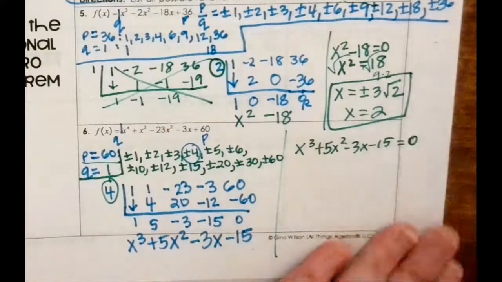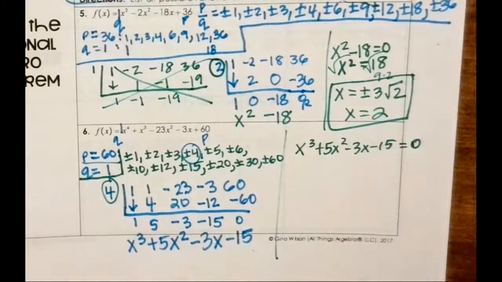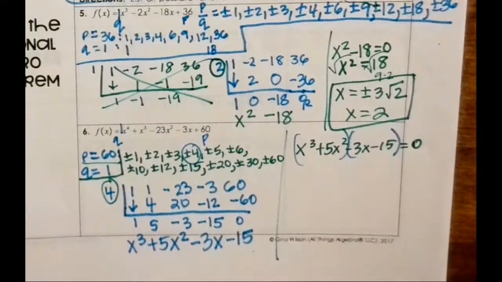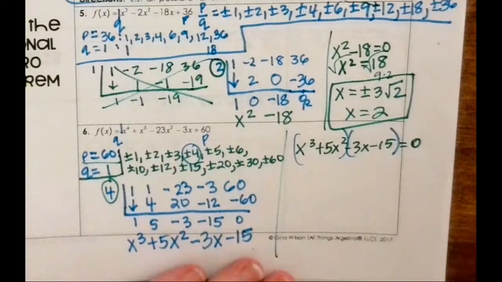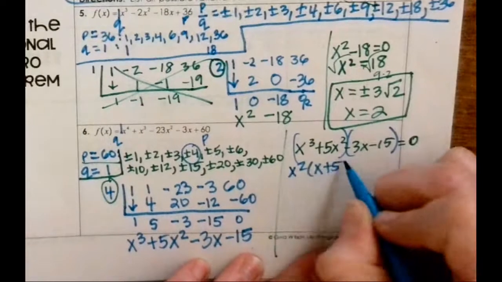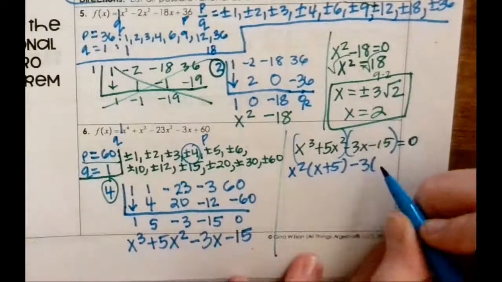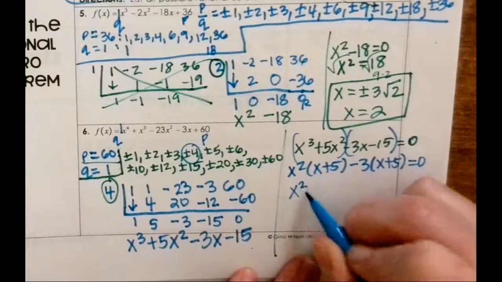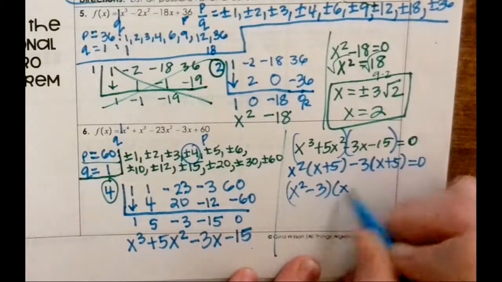Okay, now we gotta find those zeros. We're gonna factor by grouping because there's 4 terms. So that'll be x squared times x plus 5 minus 3 times x plus 5. So this will be x squared minus 3 times x plus 5.